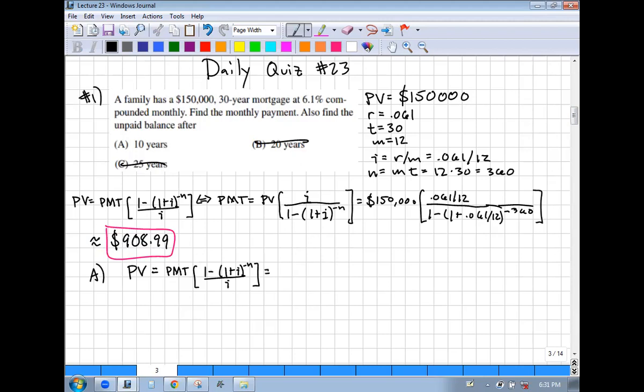So our payments are 908.99. 1 minus 1 plus i is still 0.061 over 12. And instead of 360, what was this? It was monthly, and we're going for 10 years. So this would be 120 payments.